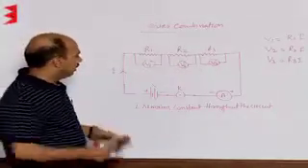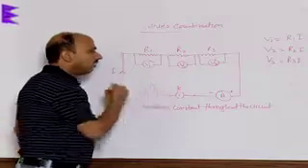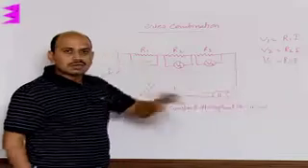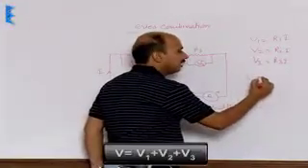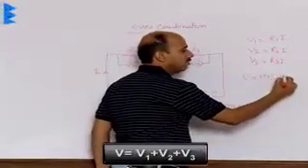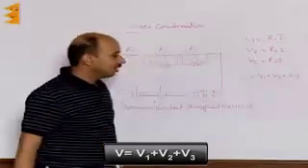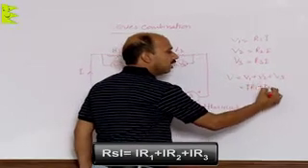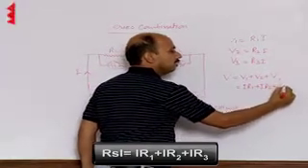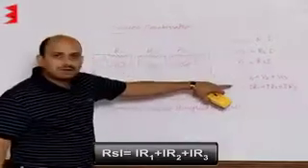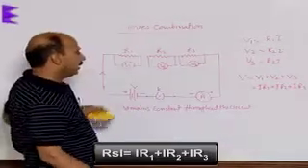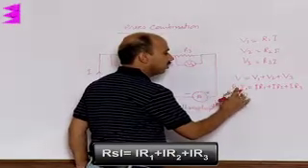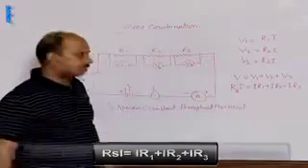Now, see here this total potential is V, which has now been divided into 3 parts V1, V2 and V3. But if you add all these, you will be getting V is equal to V1 plus V2 plus V3. So, we can write IR1 plus IR2 plus IR3. Now, this V is the total V. So, we can write here R I. This R is called Rs, I have given.